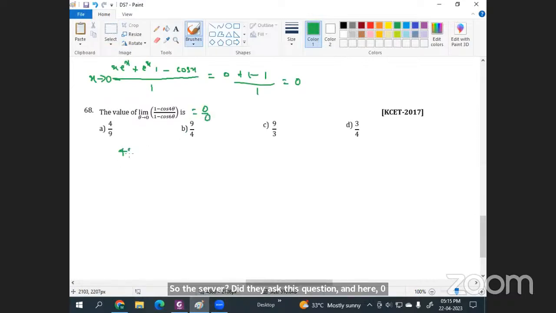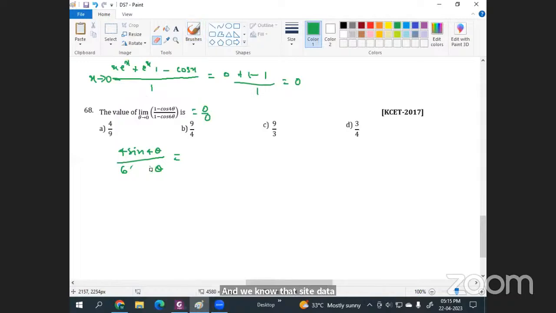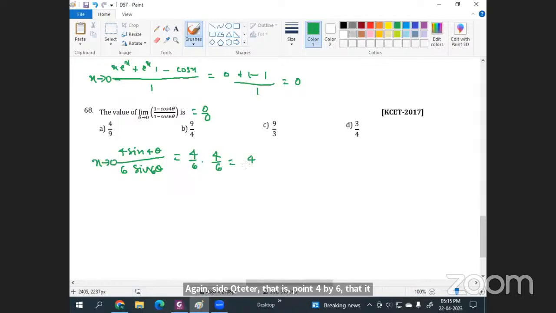Applying the L'Hospital rule, the derivative of sin 4 theta by sin 6 theta as theta tends to 0 gives 4/6. Again sin p theta by sin q theta equals 4 by 6, that equals 4 by 9. So the first option is the right option.